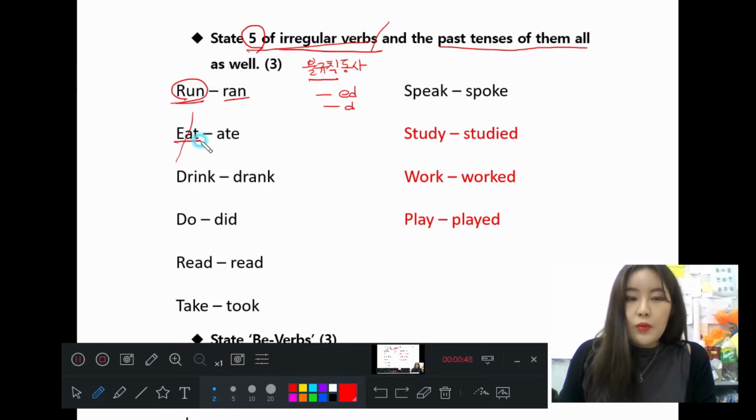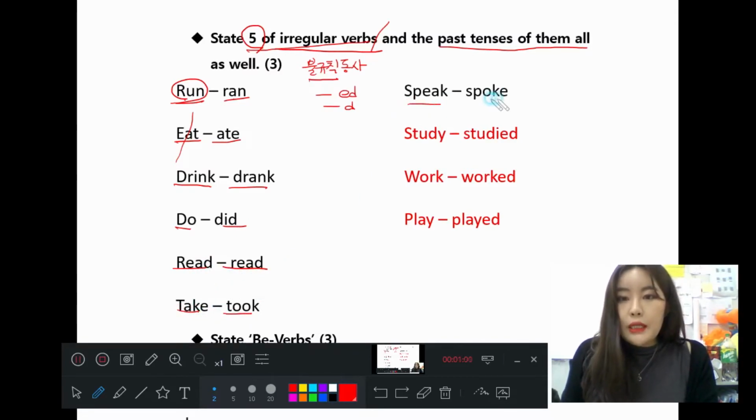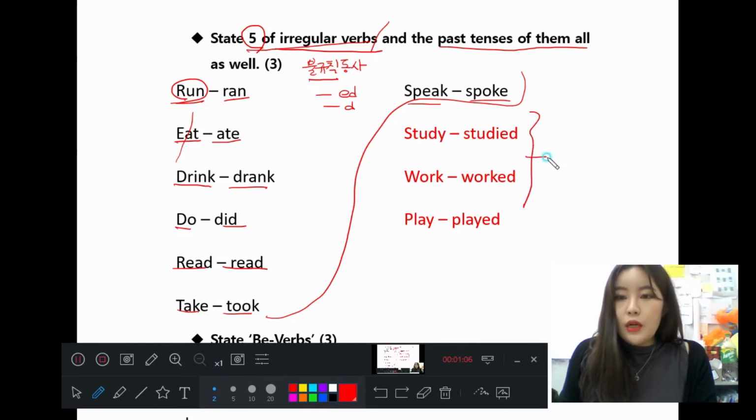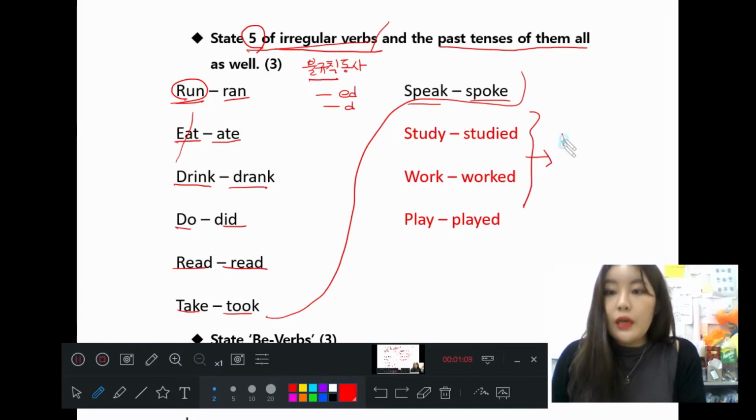Second one will be eat, ate, drink, drank, do, did, read, and read. Take and took, speak and spoke. Those are the irregular ones, right? How about these three? Those are examples of regular verbs, guys. 규칙 동사.